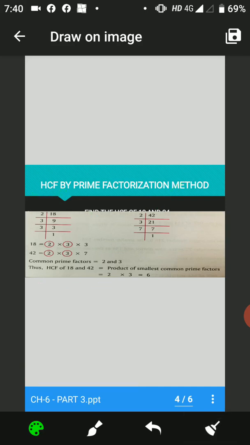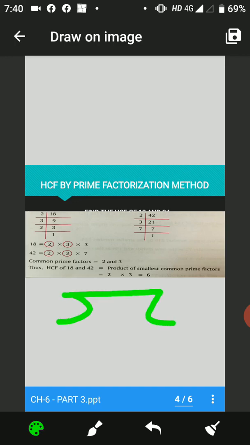Now we will see 42. So we will start from the smallest prime number. So 42 comes in which table? Yes, the 2 table. Now we know that 42 is an even number and 2 is an even number, so it means 42 comes in the 2 table. How do you do this?